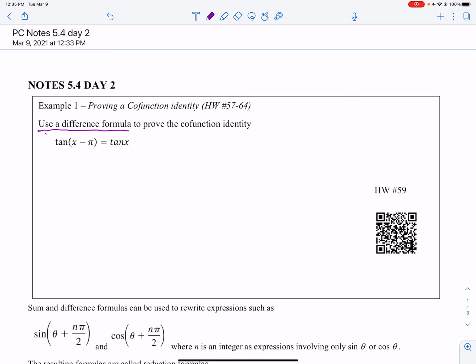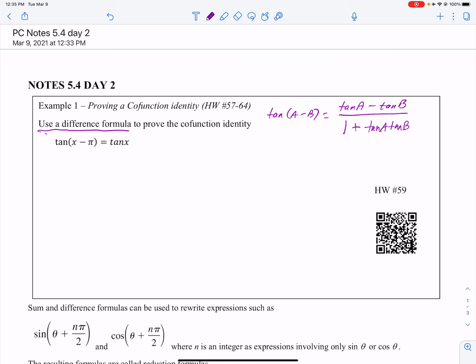And so on the left-hand side, you see tangent of x minus pi, so we need to remember that tangent of, say, a minus b is tangent a, and remember the sign on the top is the same for tangent. And then it starts in the denominator with a 1, and then you have the opposite sign from the numerator, so it's addition, and it's the product of the two.